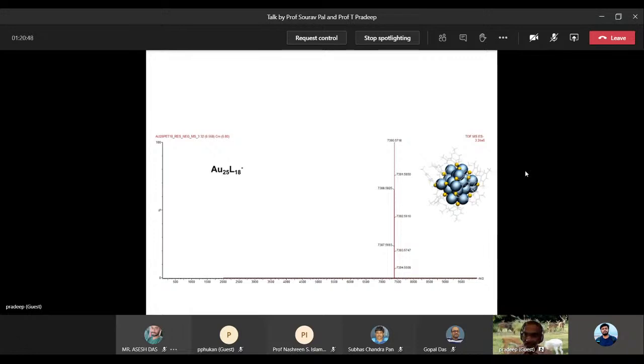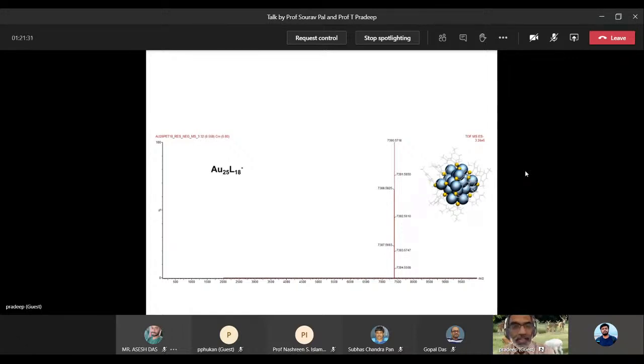What would be better than a good mass spectrum for such a particle? This is a 25-atom gold molecule, today we say, or particle, protected with a ligand. It is a thiol ligand. The thiol that is used is phenyl ethyl thiol, or, as people in American literature write, phenyl ethane thiol.